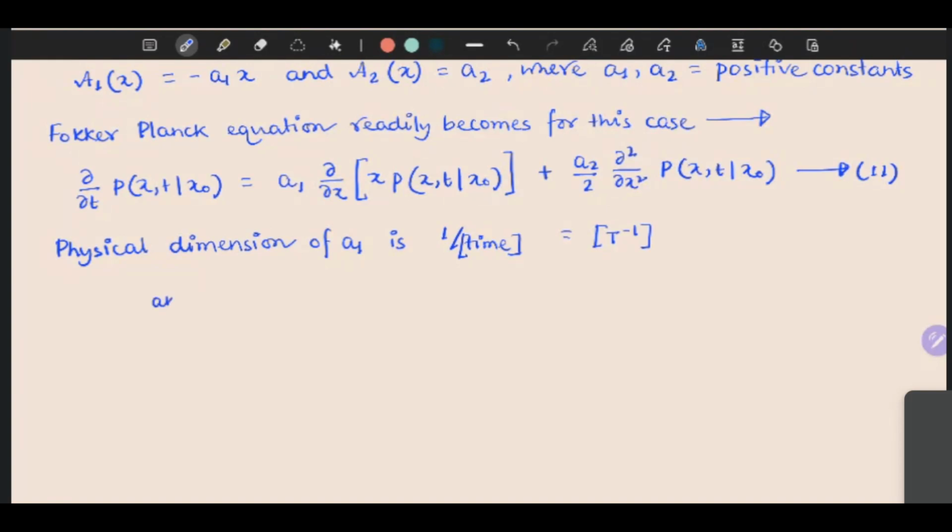The dimension of a2: a2 by x square will be 1 by t, so a2 will be the dimension of x square by the dimension of time, which becomes L square T minus 1.